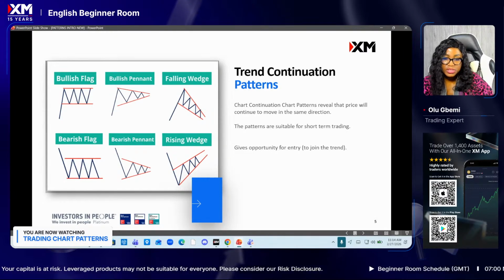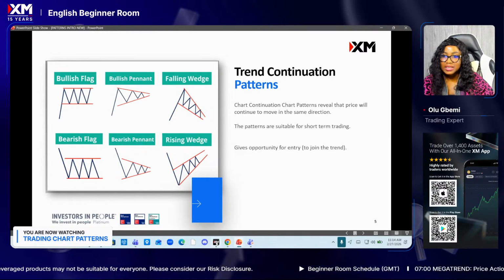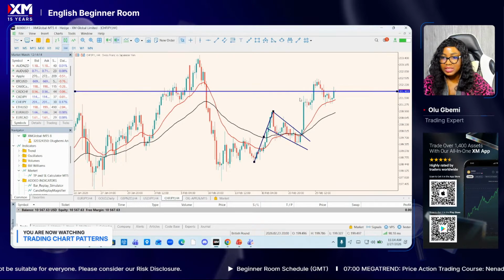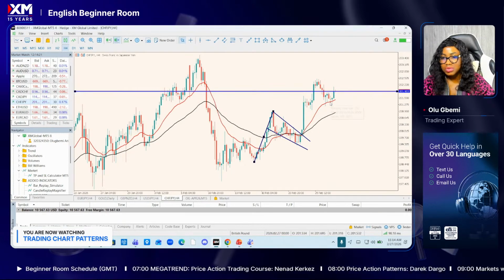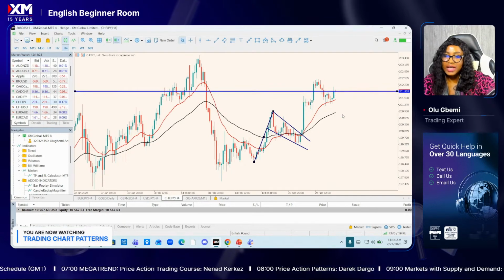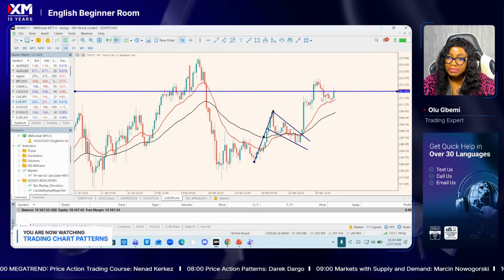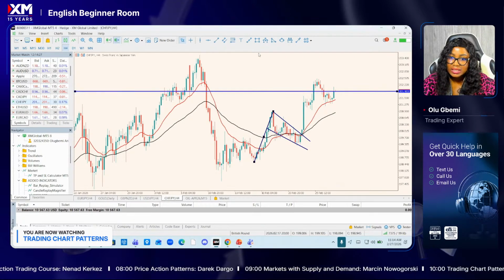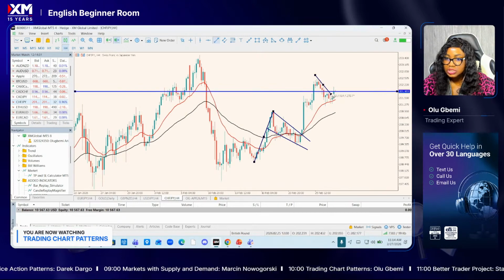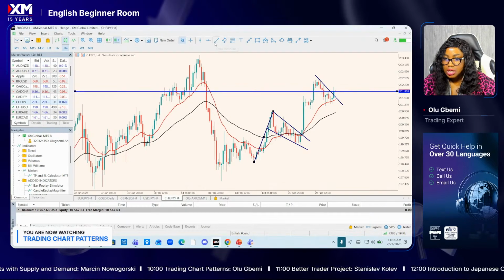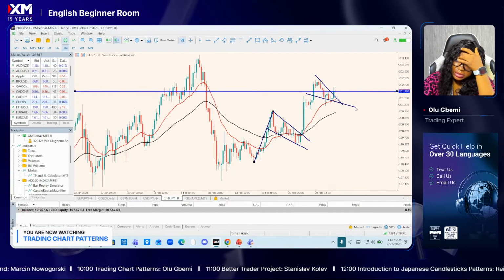Because if I come into the market and I see an established trend already, for instance, like this one, I'm looking at it and I see that, oh, the trend has been bullish for some time. When do I now enter? If I am able to identify a pattern there that is a continuation pattern and shows me that the trend will continue to be bullish, then I may say, okay, interesting.